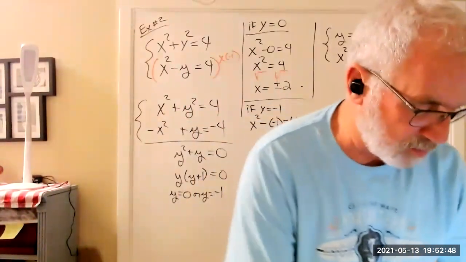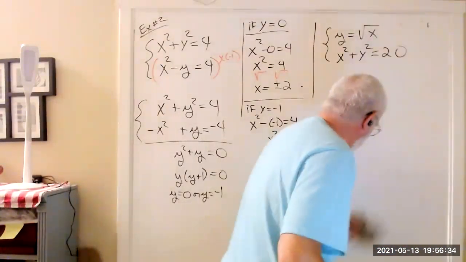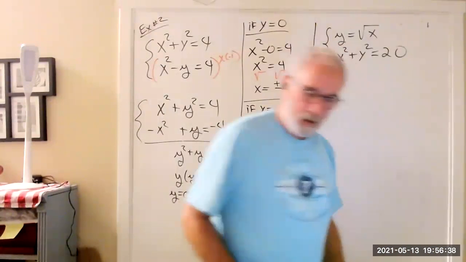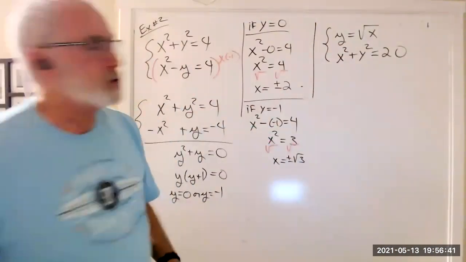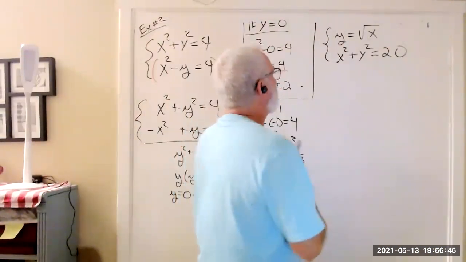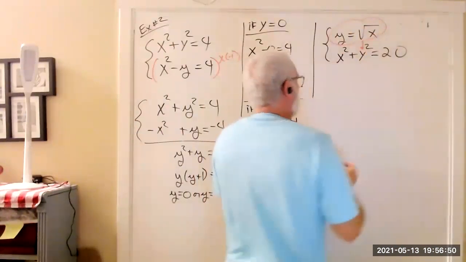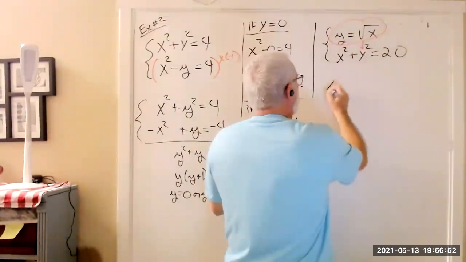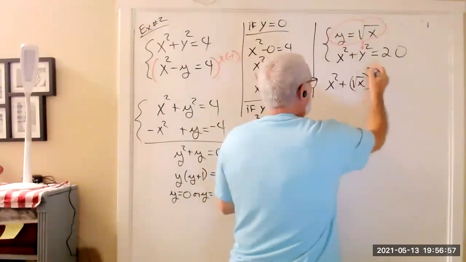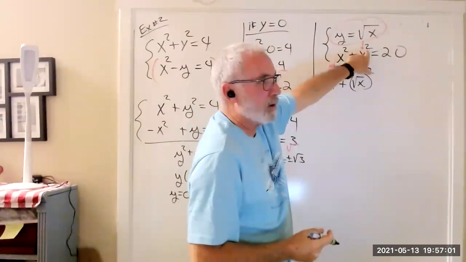Are you going to use substitution? Okay, here we go. I personally would use substitution. Okay, I take this and put it here, because that's going to give me x squared plus the square root of x quantity squared, because it says take y and square it.